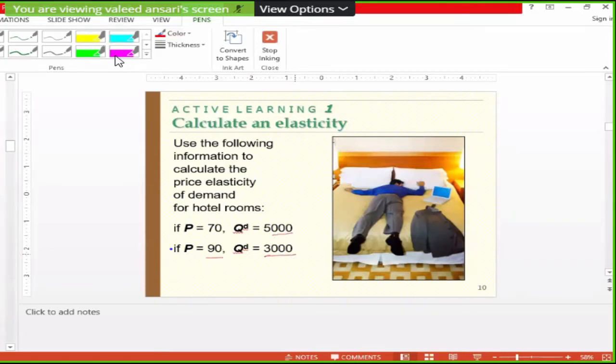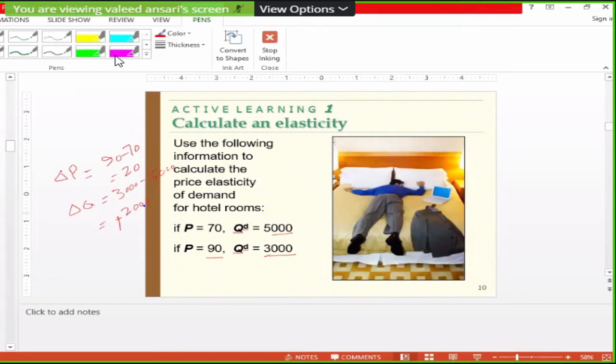Naturally, if price goes up, and you are asked to find out the change in price, the change in price will be 90 minus 70, isn't it? Change in quantity is 3000 minus 5000, simply minus 2000. So even if you ignore the sign, it hardly makes any difference.